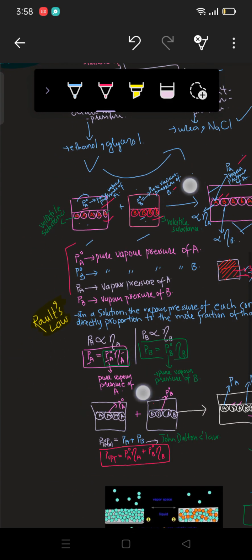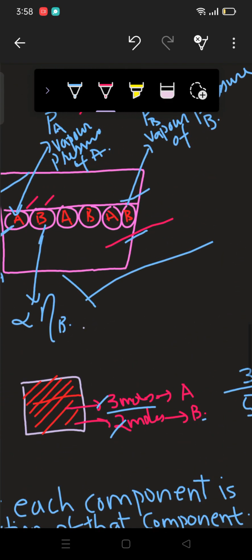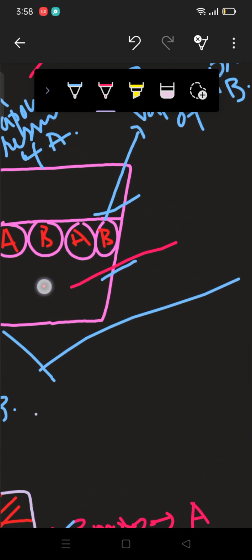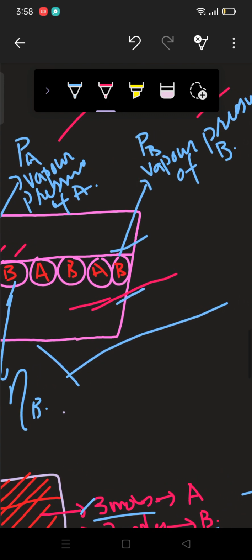Then we applied Raoult's law in it. What does Raoult's law say? In a solution, the vapor pressure of each component is directly proportional to the mole fraction of that component. The mixture of solute and solvent is what we call the solution, right?